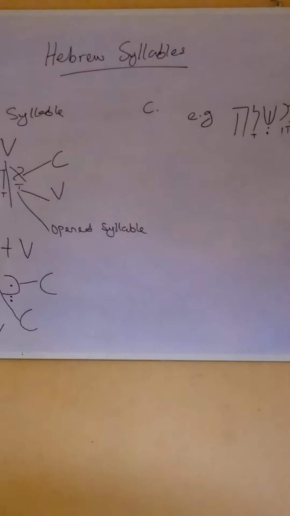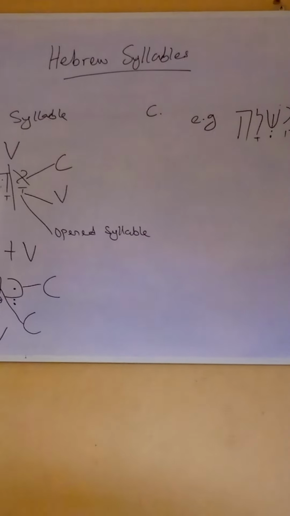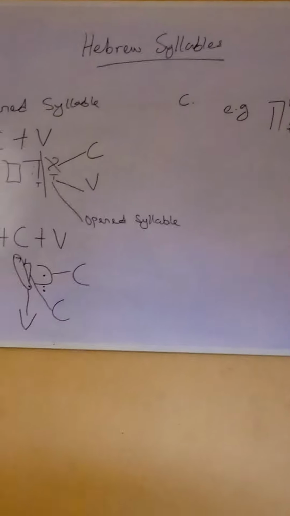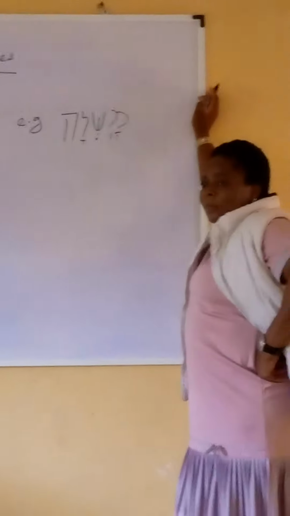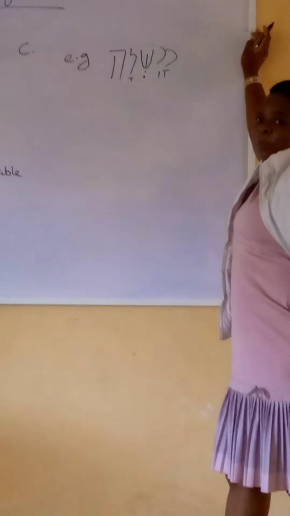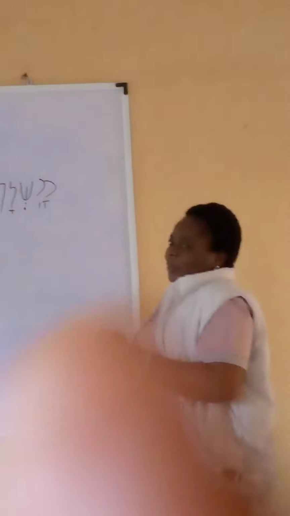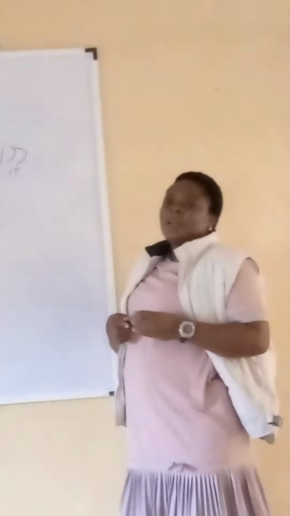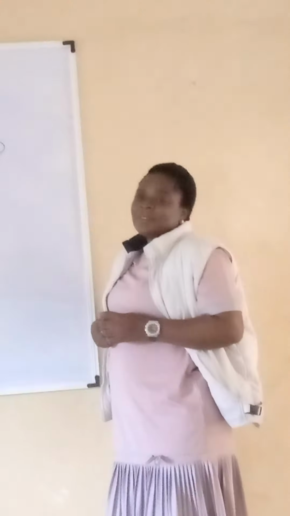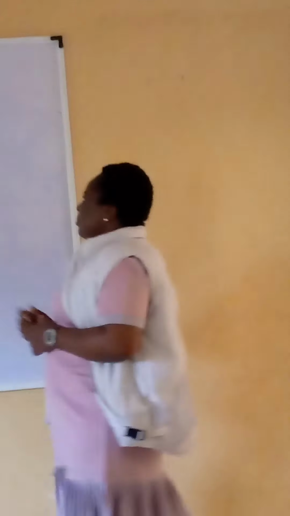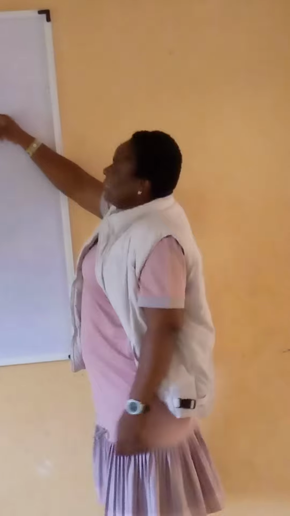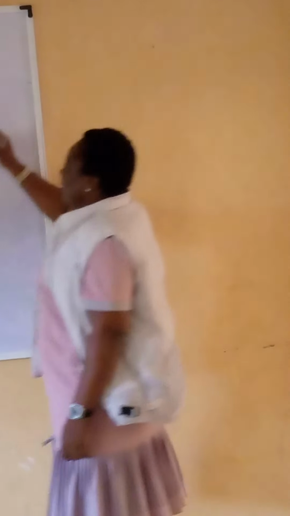A syllable written with a metheg is what? An open syllable. Settled. Now, everybody look up. How many syllables in this word? Two. Why do you say it is two? Because of the metheg. So, look at it. Automatically, this is an open syllable.